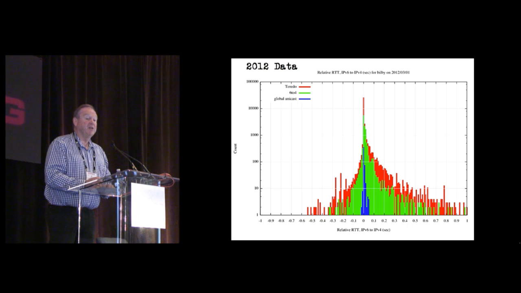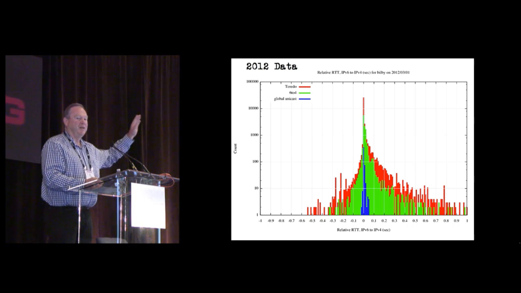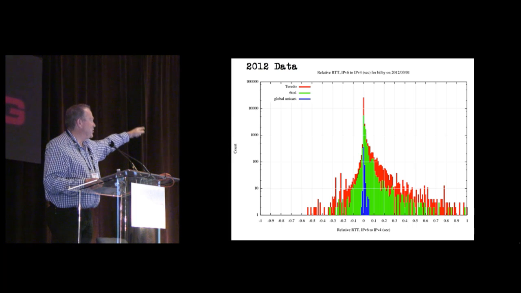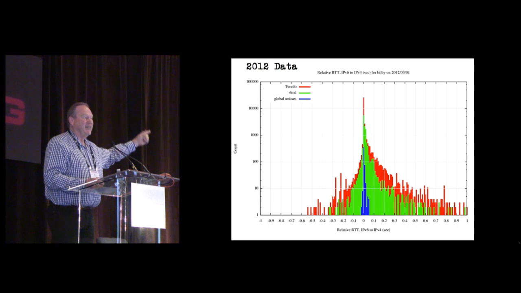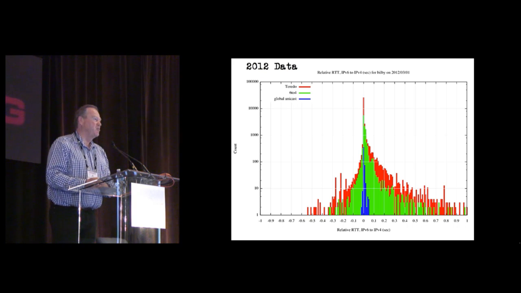And this is 2012. The red is Teredo, the green is 6-4, and the blue is unicast. And if it's off to, now let me see this right, if it's off to your right, V6 was slower. If it's off to your left, V6 was faster. Back in 2012, V6 was obviously slower.